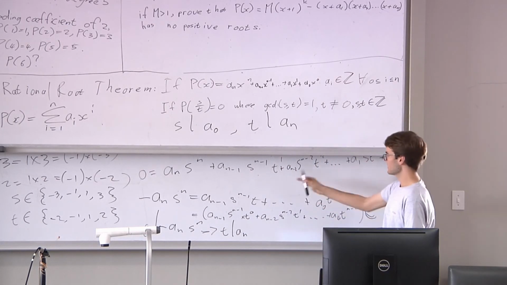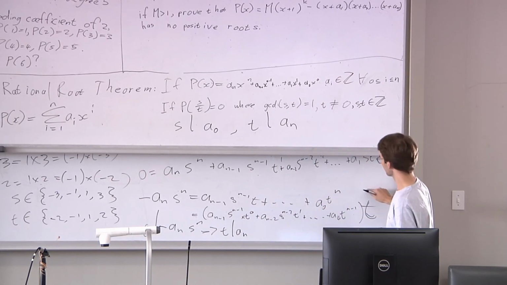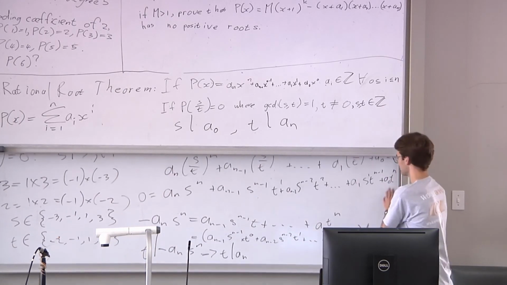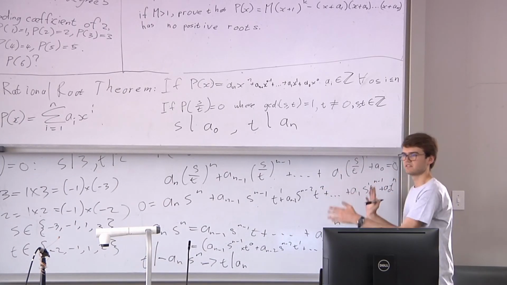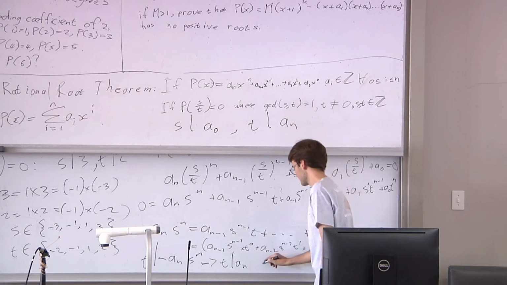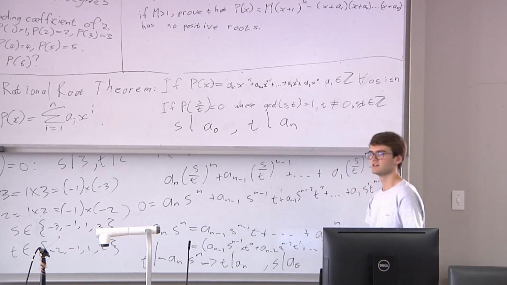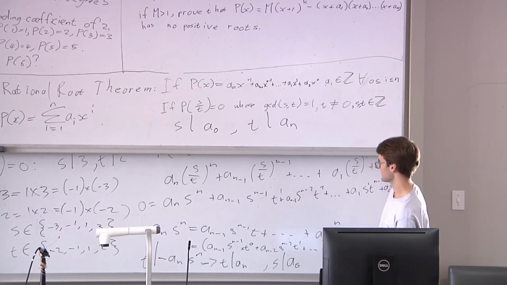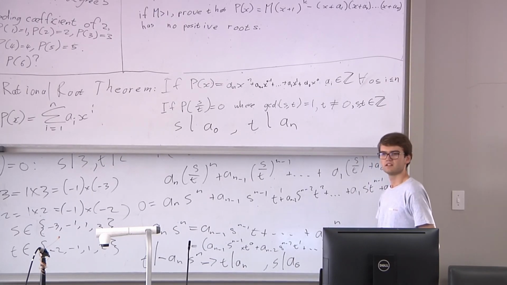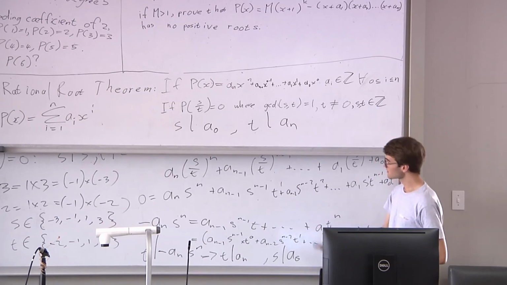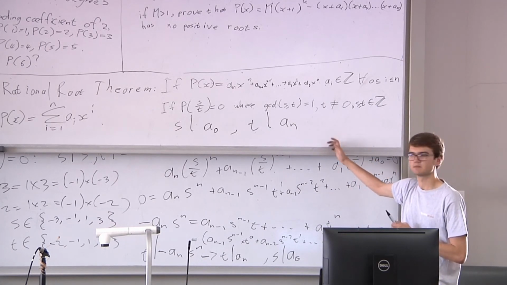And now you can do the same thing as we did here, but instead you move this last term to the other side and factorize, and you get that s must divide a_0. Seems right. Okay, and that proves the theorem that we have up there.